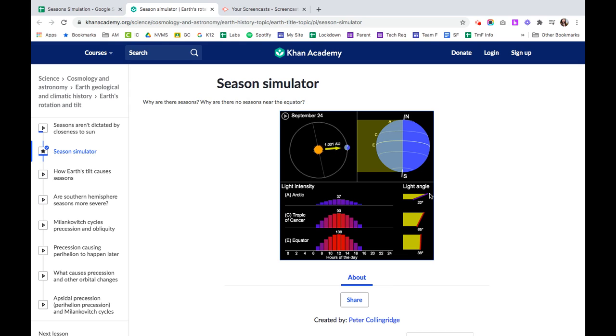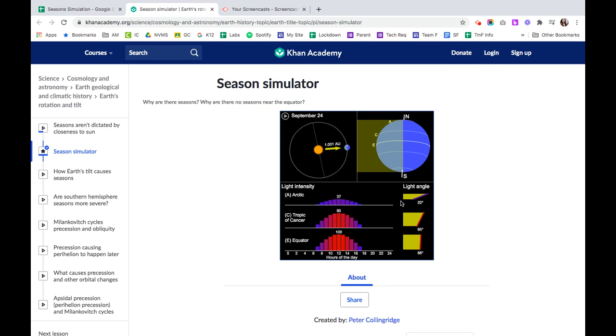That same amount of light is now spread out over a larger area, just like that tablespoon of peanut butter is spread out over a larger piece of bread, which means there's less peanut butter flavor. It is less intense. Same thing with the light. It's spread out over a larger area because of this lower angle, and therefore the light intensity is a lot lower, and it's going to heat up the Earth a lot slower.